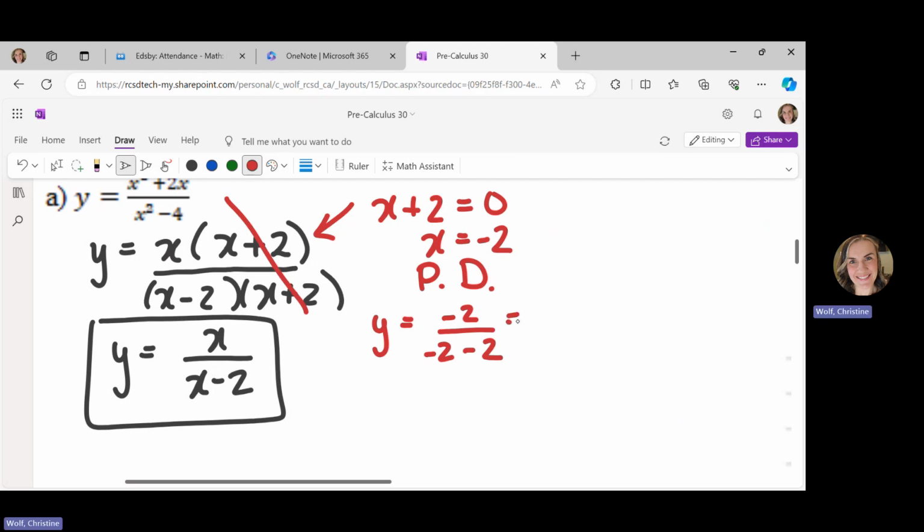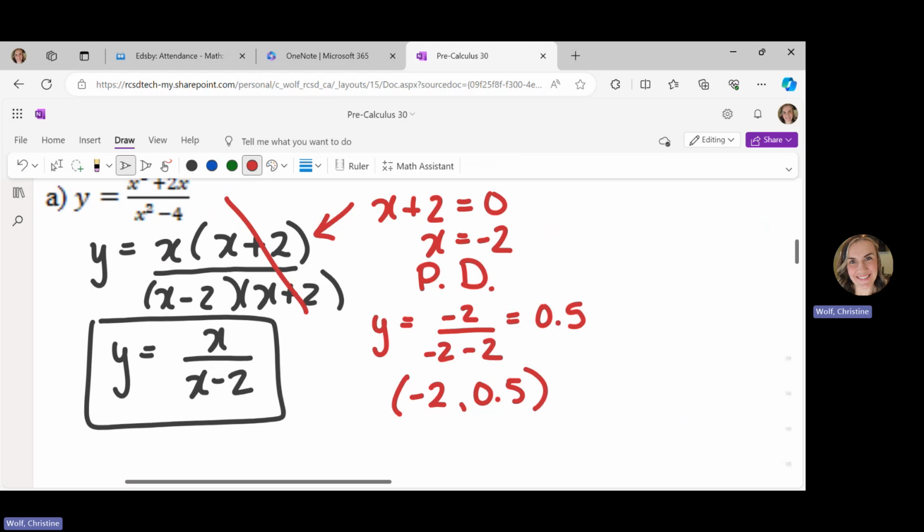And you simplify that, that's -2 over -4, that's 2 over 4, that's 1 over 2, that's 0.5. So we have a point of discontinuity when x is -2 and y is 0.5. So we know when we draw the graph, we'll draw an open circle at that point. Because it's like it was there to begin with, but we kind of deleted it, but it's still kind of there. You know what I mean? Yeah. So we call it a hole in the graph.